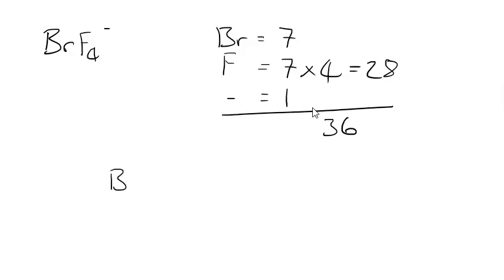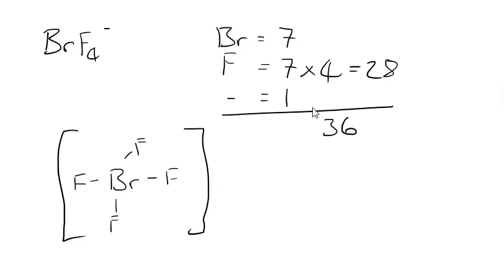So let's draw the bromine atom in the middle, and then F, and F. And then we need to put the whole thing in brackets with a negative charge. Then let's draw on the electrons.